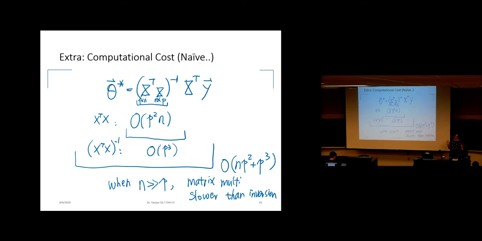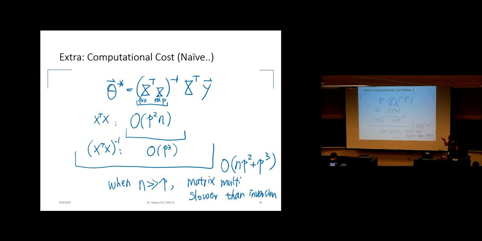More concretely, what's the computational cost of this normal equation derived solution, assuming we don't know the library tricks that speed up the operations? I already wrote it there, but I want you to think about it.